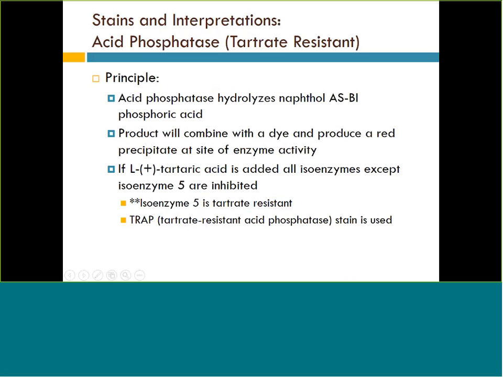As a result, when they go through this whole staining process, that isoenzyme 5 is actually resistant to an acid that they're trying to add, this tartaric acid. Because it's resistant, that's how it gets the name, tartrate-resistant acid phosphatase. So we know that if it stains with this, it will be a positive confirmation of hairy cell leukemia.